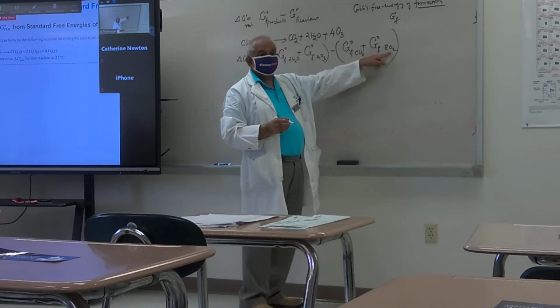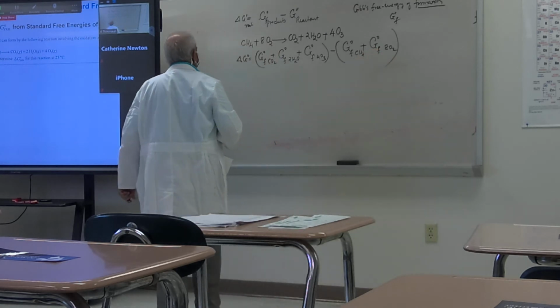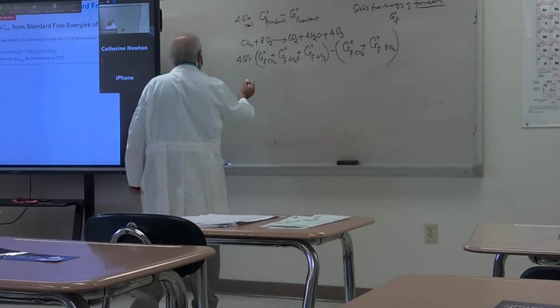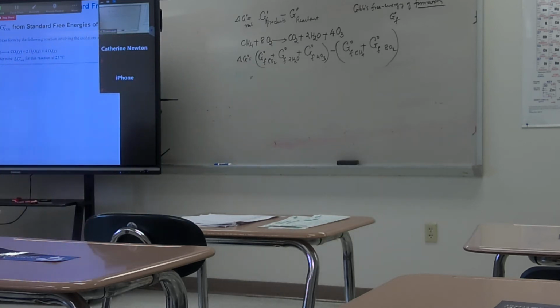G0 formation of O2 is 0, it's a gas. So now have they given these numbers? You need to look for them. They have given here, right?